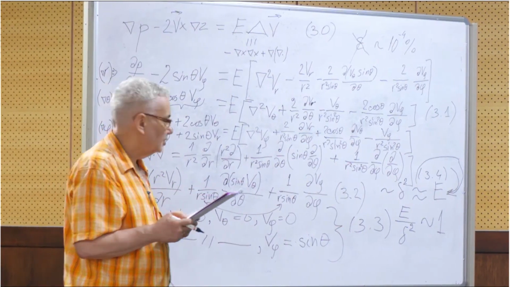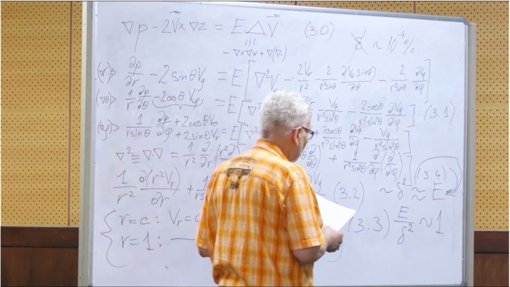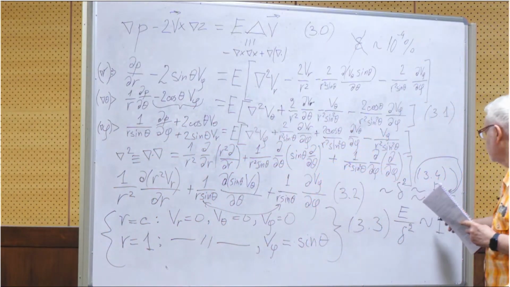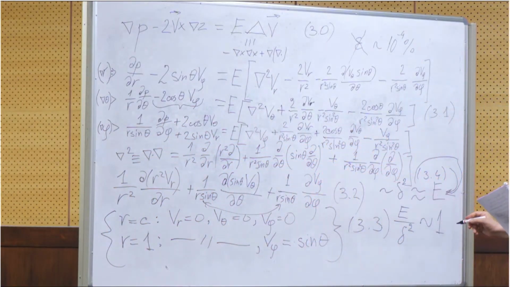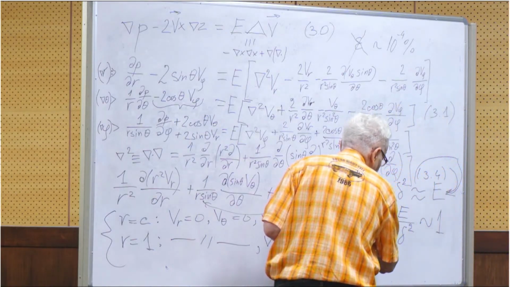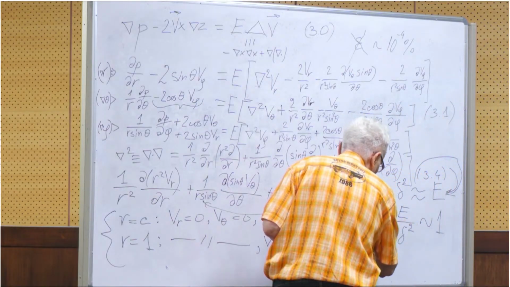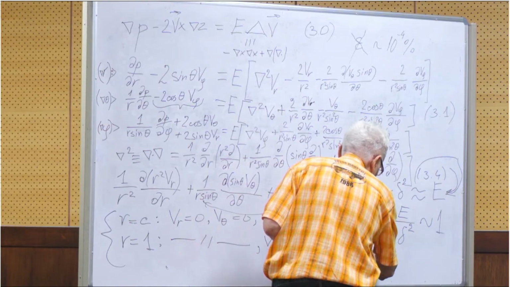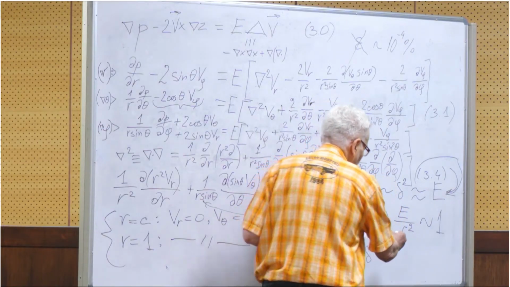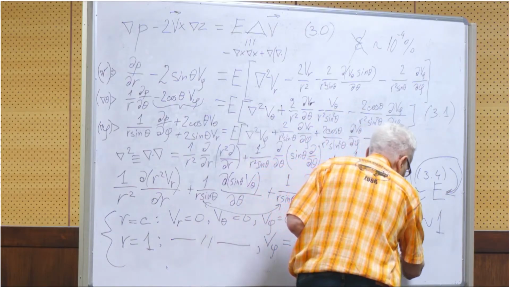And so actually we see that from this relation, of course it's a crude relation, but nevertheless for the estimate we can write down that the delta thickness of the boundary layer is E to which power?